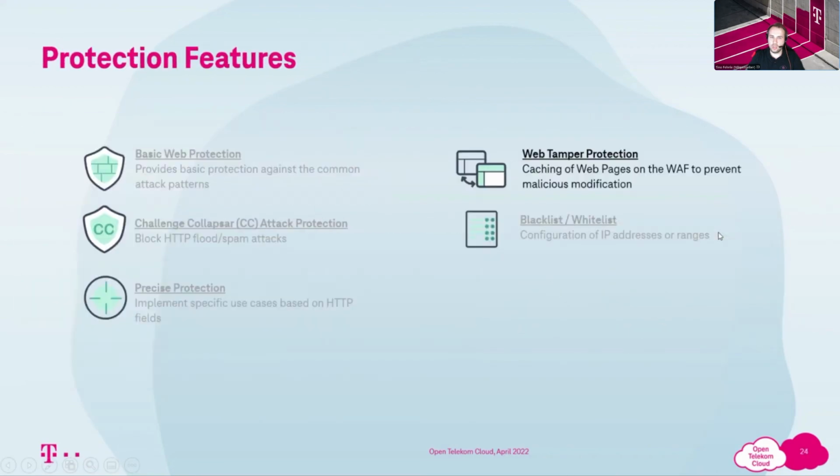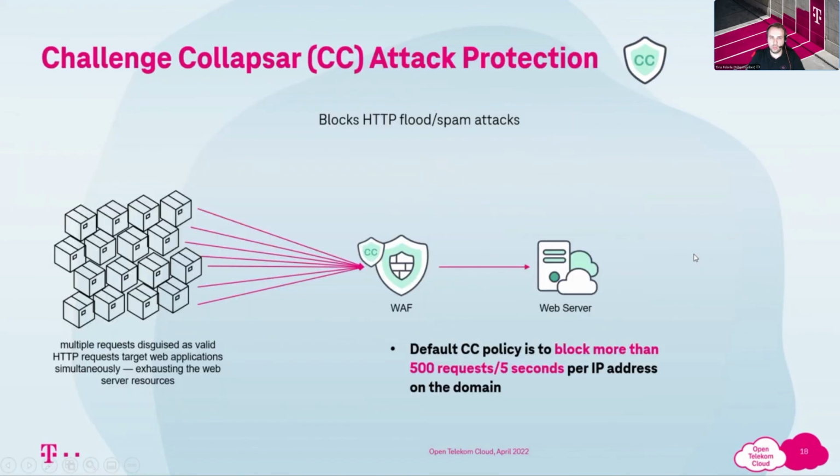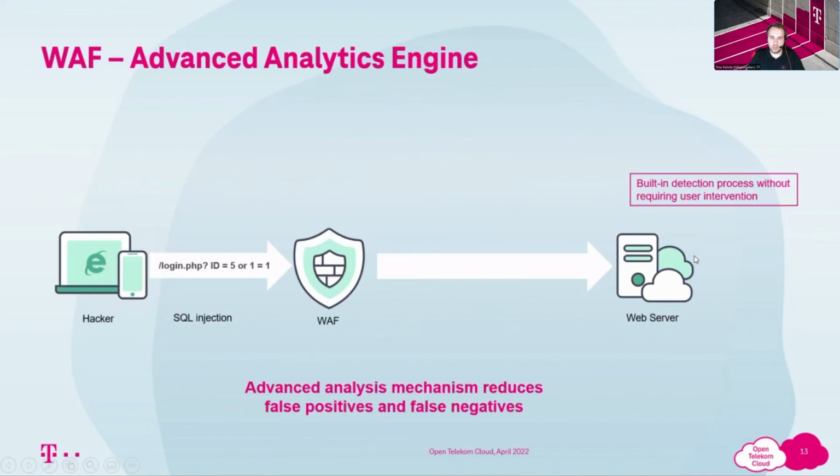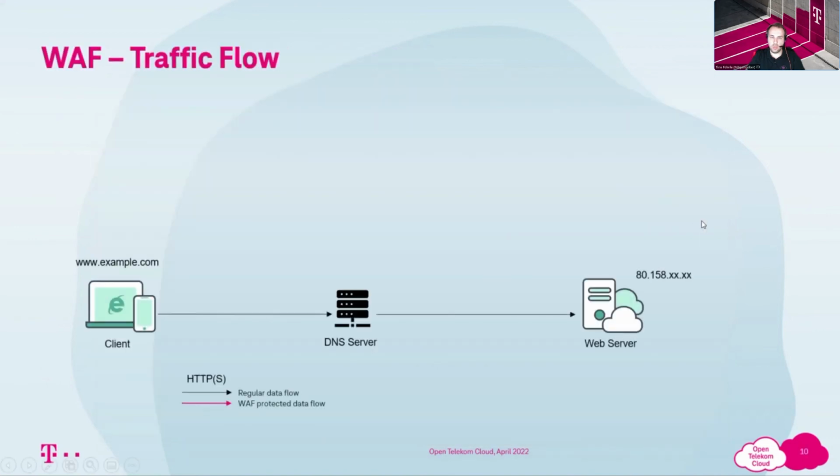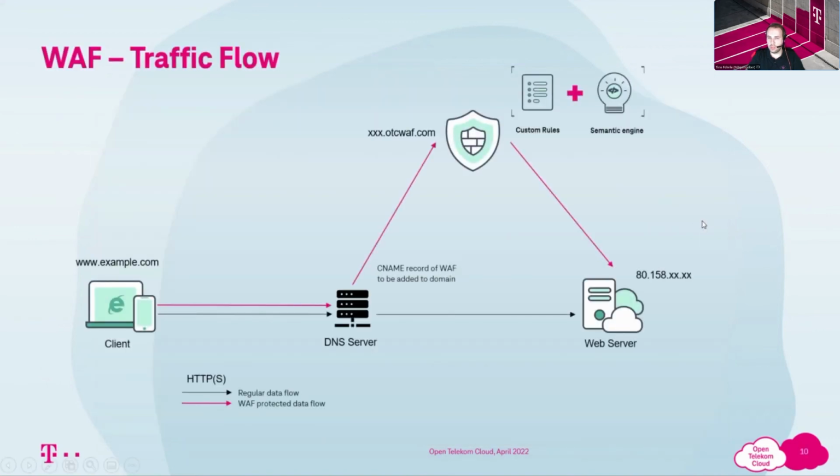This is currently an architectural restriction, which will be solved with a new WAF version, which will come later. Currently, we have the restriction, like I mentioned in the limitation, that the WAF network-wise is in a different network. Therefore, it cannot reach the internal IP address of the web server and must be using the external IP address.